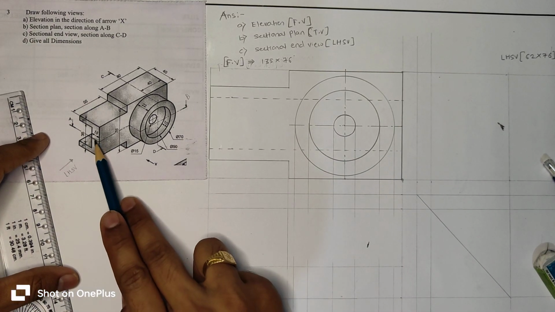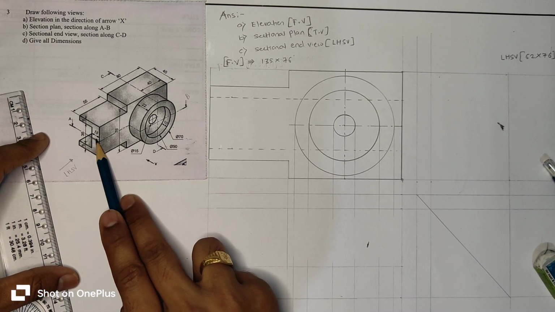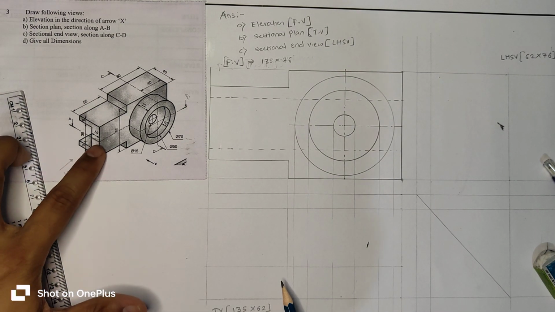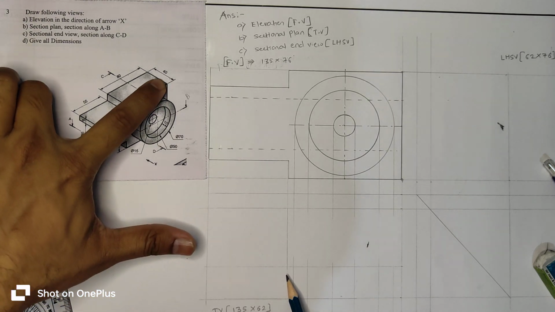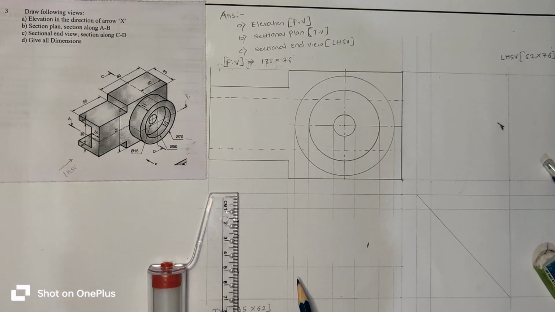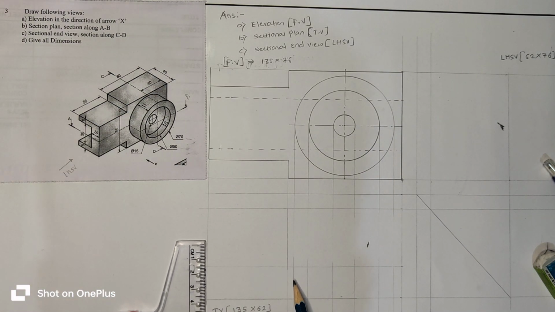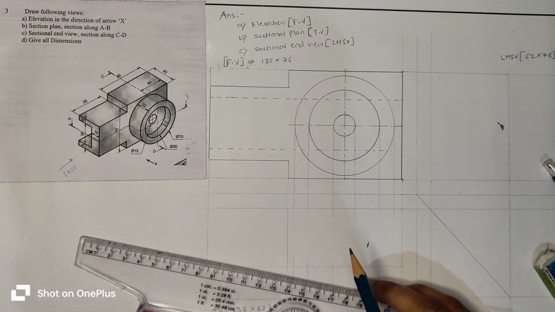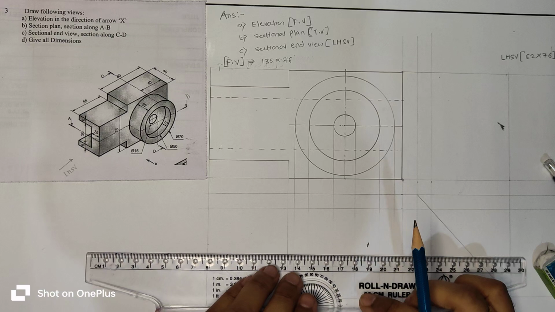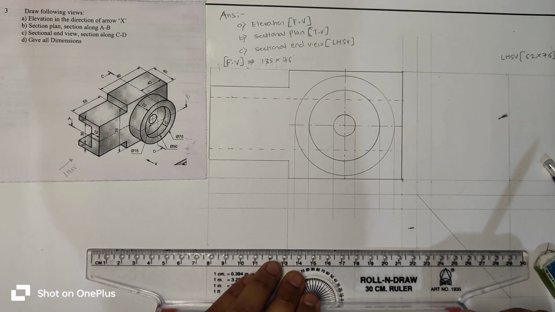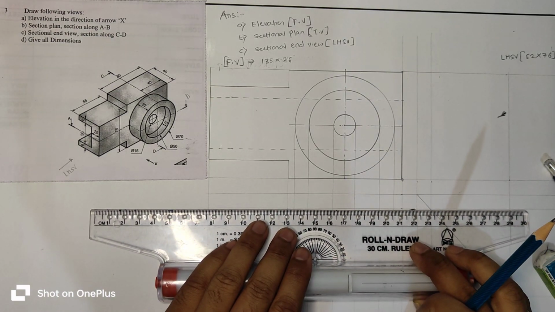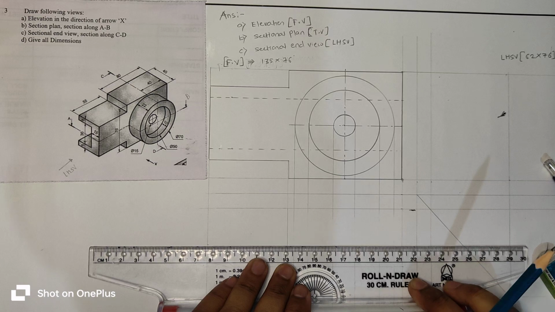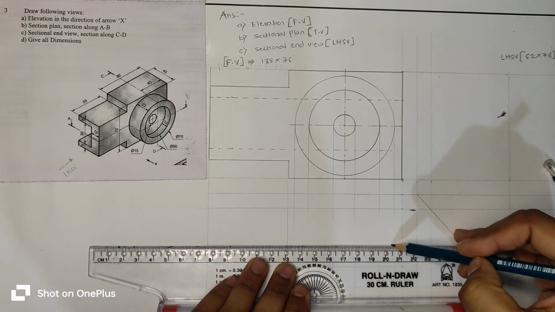Now this part, this 15 mm width is from 40 distance. So from this distance we will take 15 mm and draw a horizontal line.